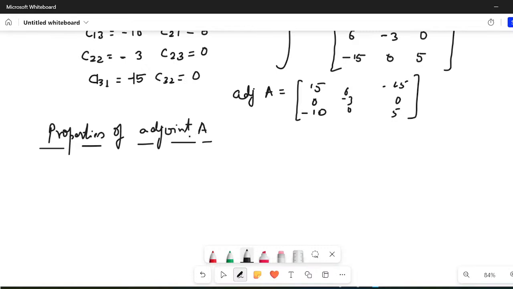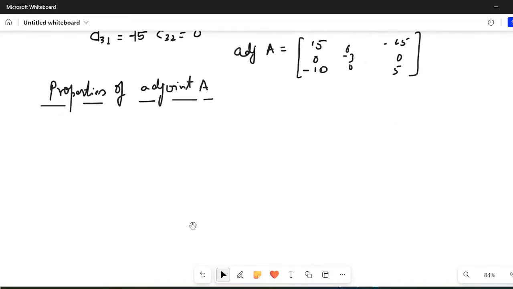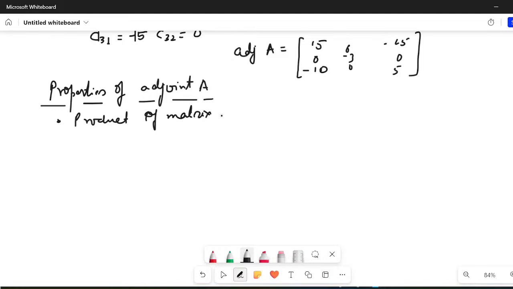So the first thing that you should remember is that the product of a matrix and its adjoint is commutative.